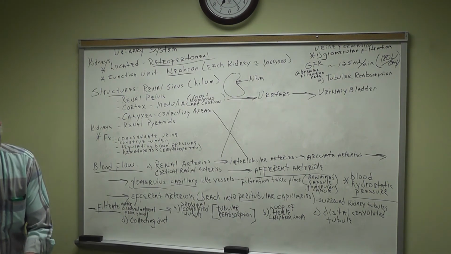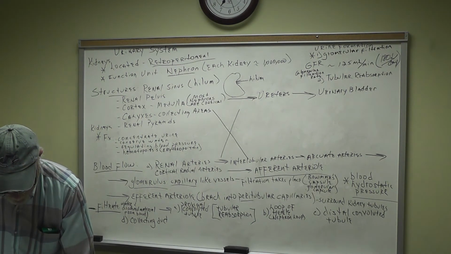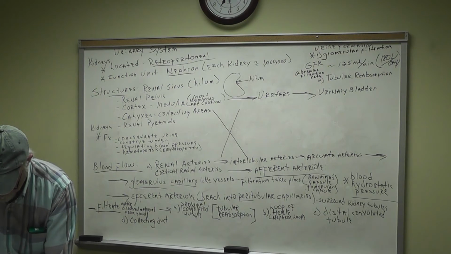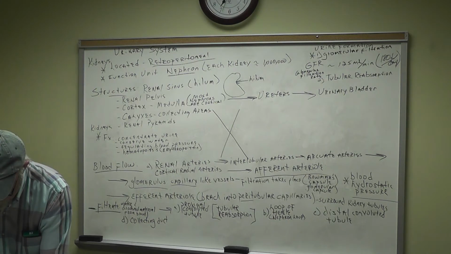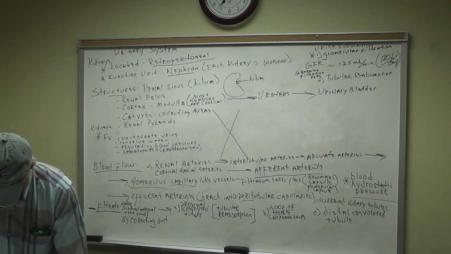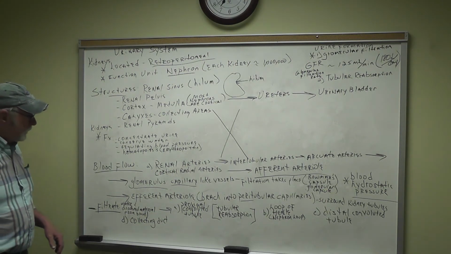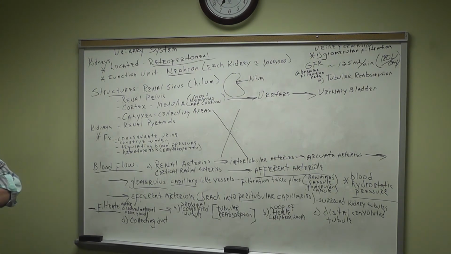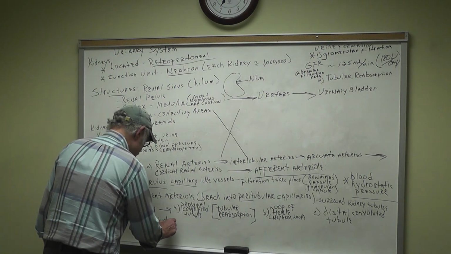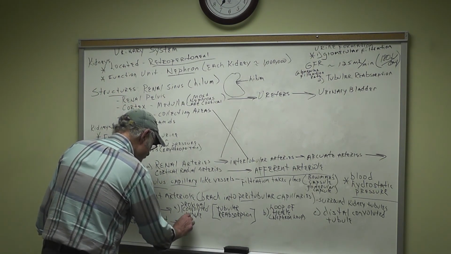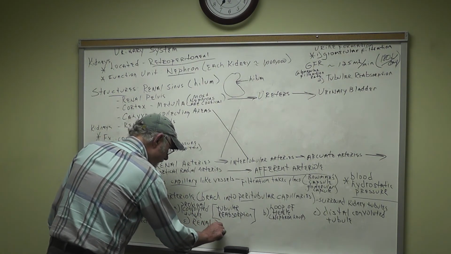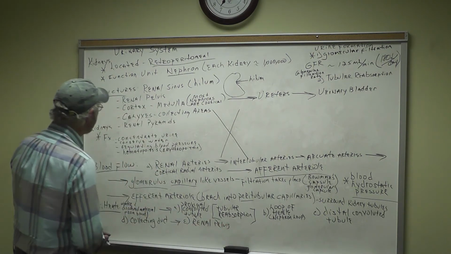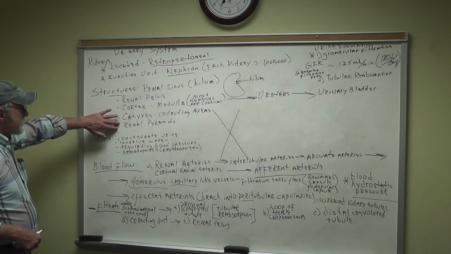And from the collecting duct, the material will then enter into the renal pelvis, after it goes through these pyramids and these calyces.